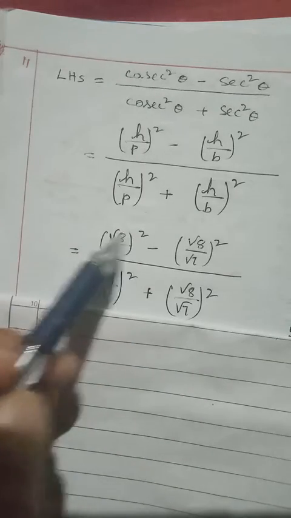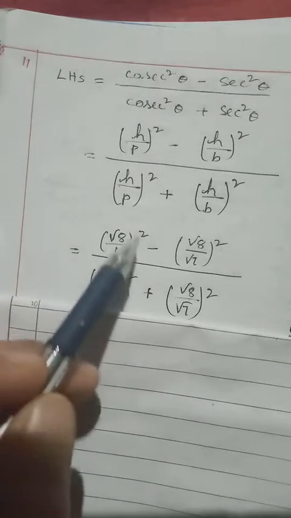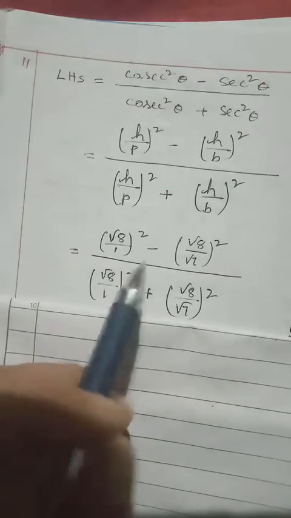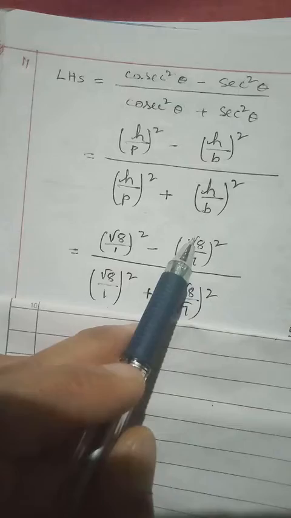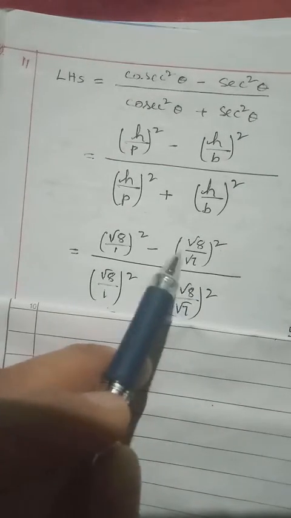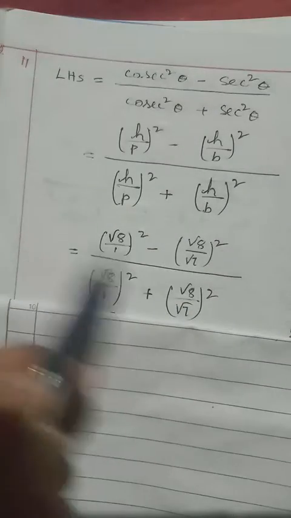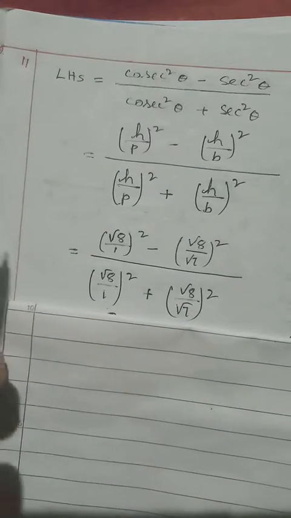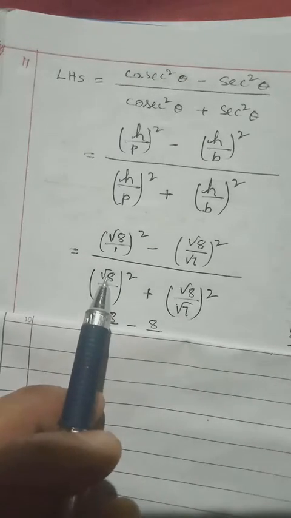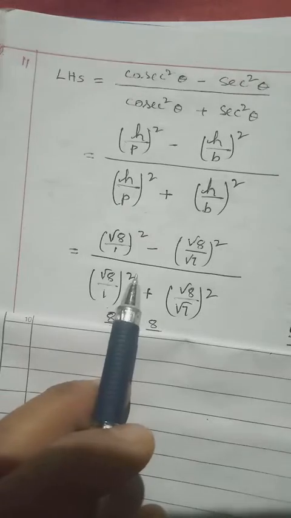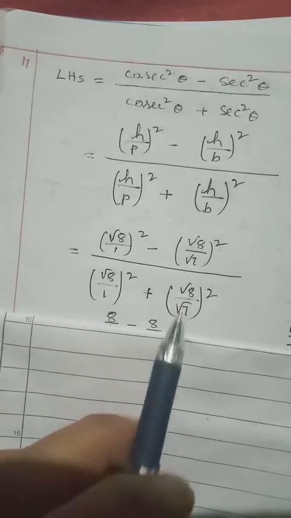So the square and square root get cancelled. From this portion we have only 8, because 1 into 1 equals 1. Root 8 into 8 simply gives 8. Root 7 into root 7 we get only 7, because when we have two factors inside the root, we can take it out of the square root. Here also root 8 square, so square root and square get cancelled.